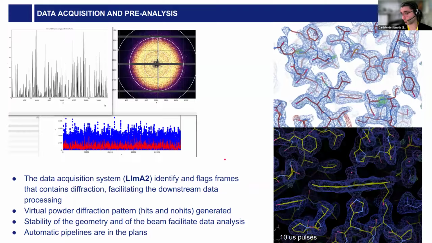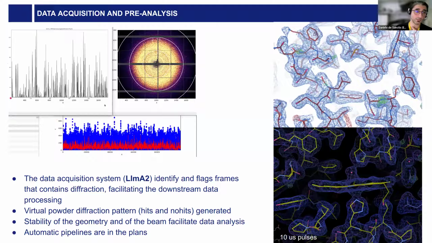For what concerns data acquisition, we have a new data acquisition library which has been developed at the ESRF, called Lima2, which is able to cope with the high data rate. One recent development is that it can identify on the fly if the images contain diffraction, and we flag directly in the HDF5 files if the image contains diffraction.